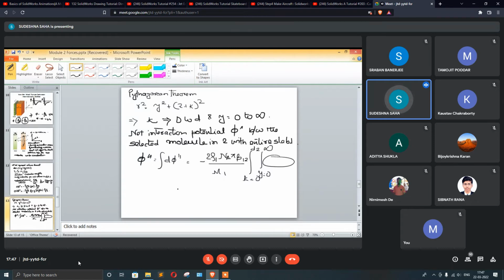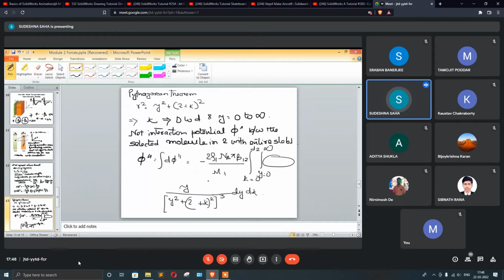I am writing this whole term here, this will be y divided by y square plus z plus k whole square whole cube into dy dk, right? So you will obtain it.